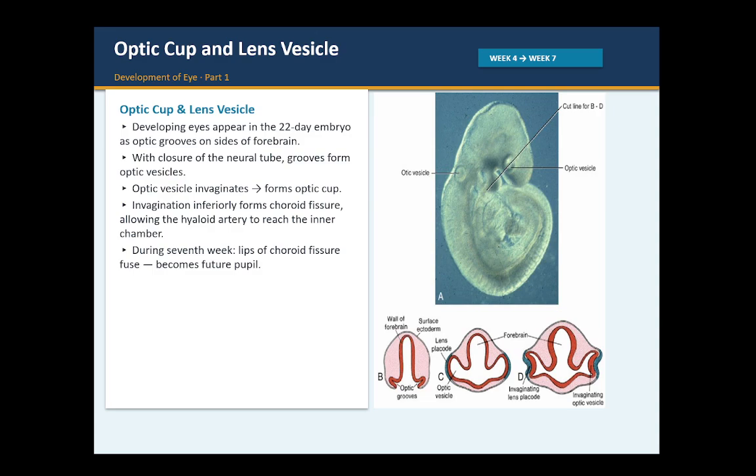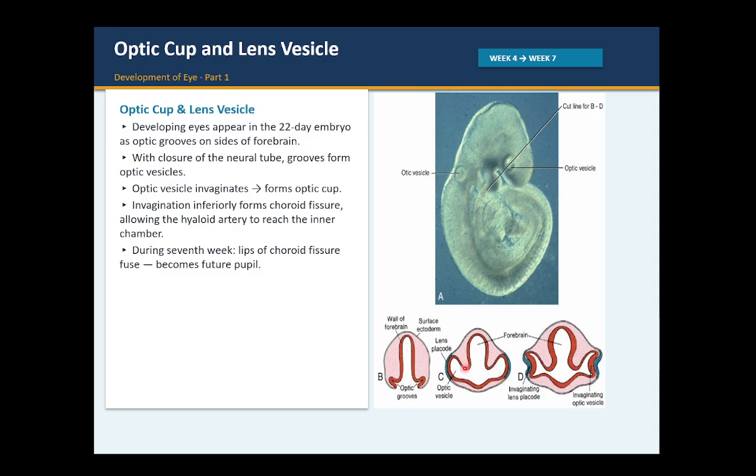We'll start with the development of the eye. The developing eye basically starts to develop around the 22nd day of development, and it is basically developing from the brain.